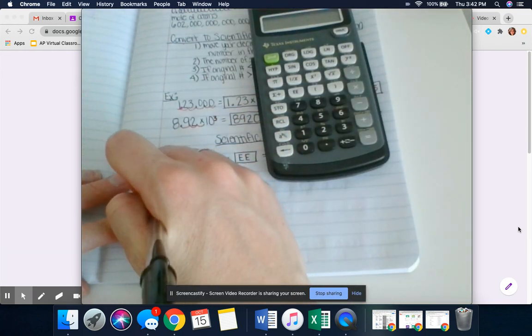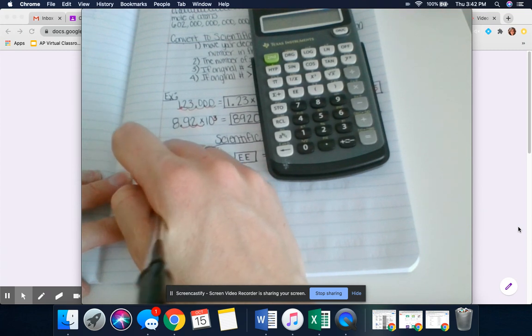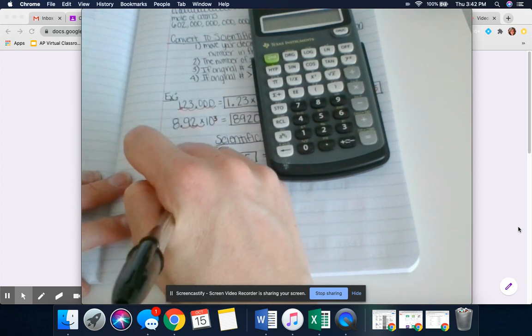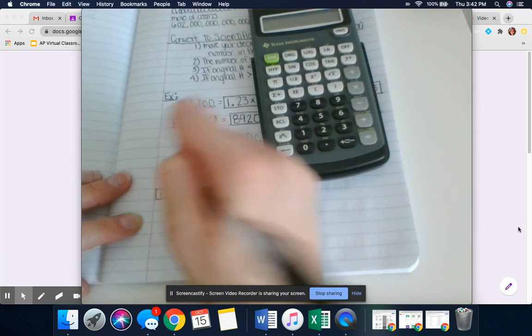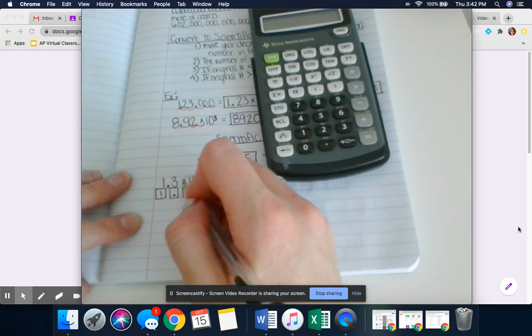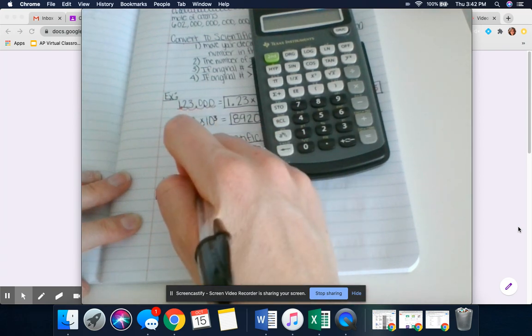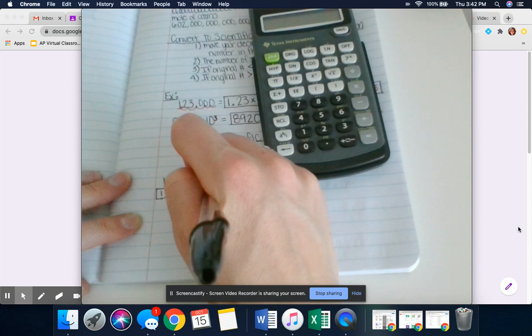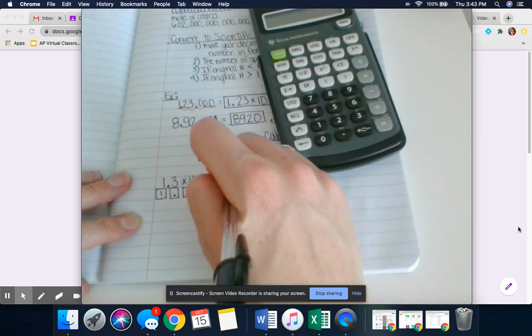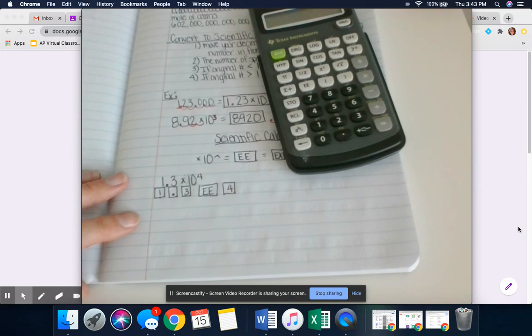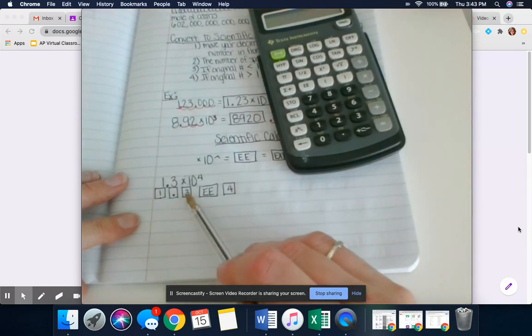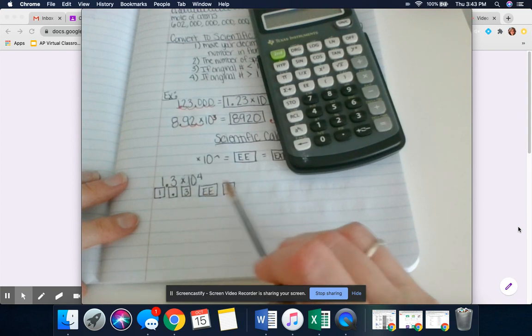I want you to type 1, you're going to type point, you're going to type 3, and then you're not going to type any of this except for EE, and then you type the exponent 4. That tells your calculator 1.3 times 10 to the fourth.